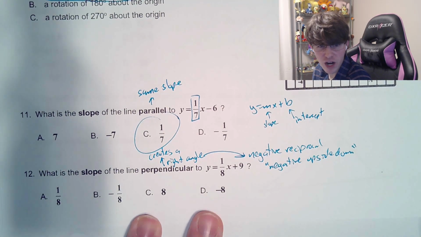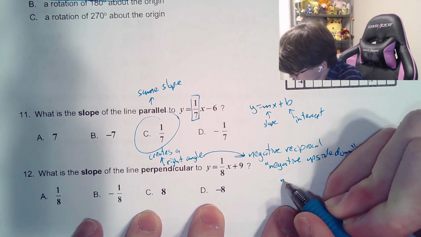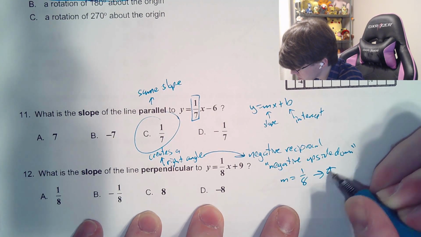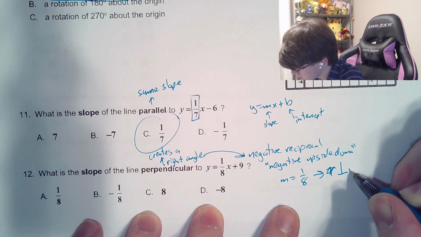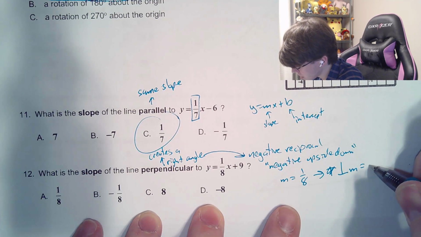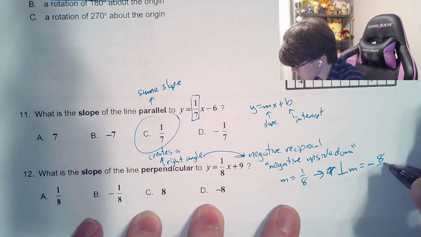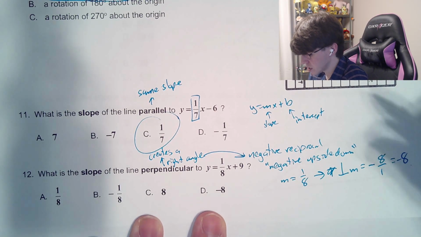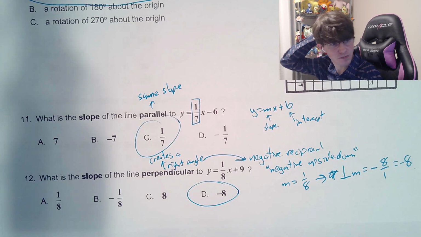So you're going to flip that fraction upside down. Our original m was 1/8, which means that our perpendicular m is going to be the upside down and negative. So -8/1, but you actually don't need the 1 there. It's the same thing as just -8, and that is our correct answer.